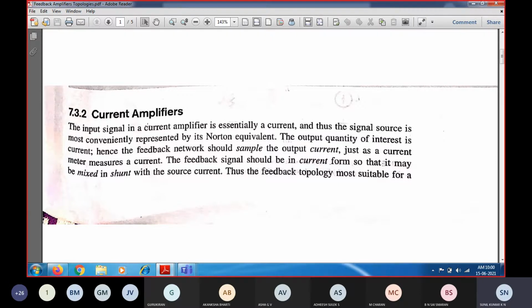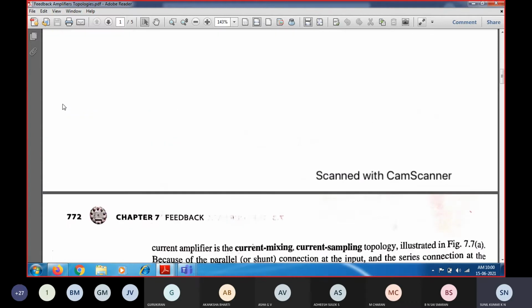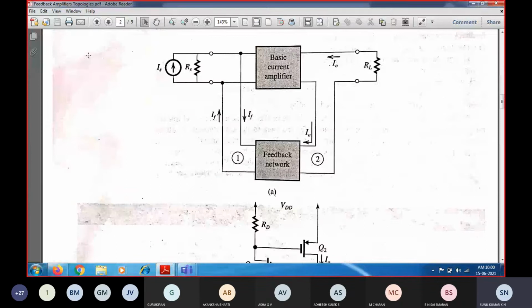This configuration is also called the shunt series configuration, also called current mixing current sampling configuration.